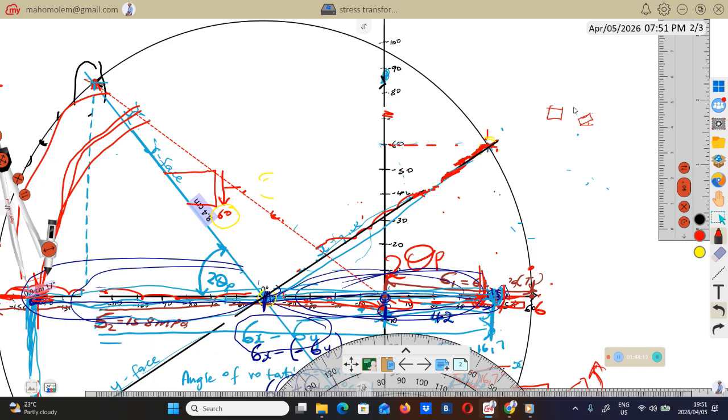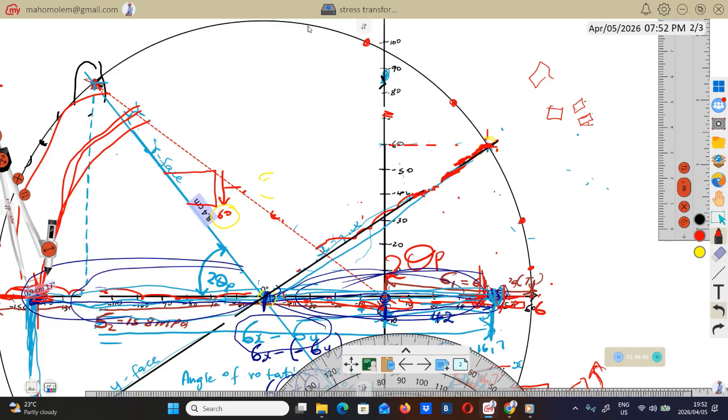So as you increase the angle from 5 degrees maybe to 10 degrees, the shear stress and normal stress at 10 degrees maybe will be represented by this point. So as you increase the angle to 30 degrees, then the shear stress and the normal stress at that angle of 30 degrees maybe will be represented by this dot here, and so forth.